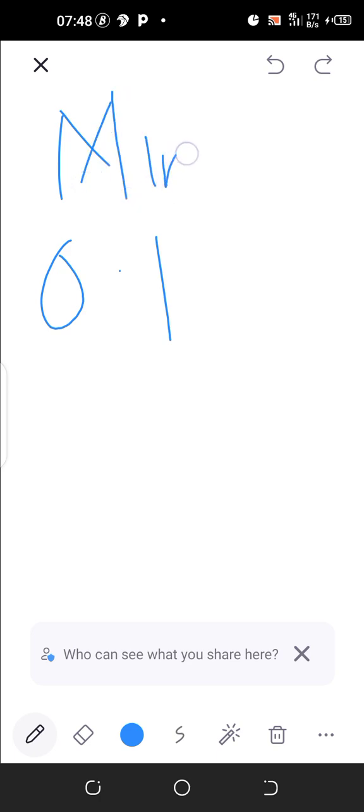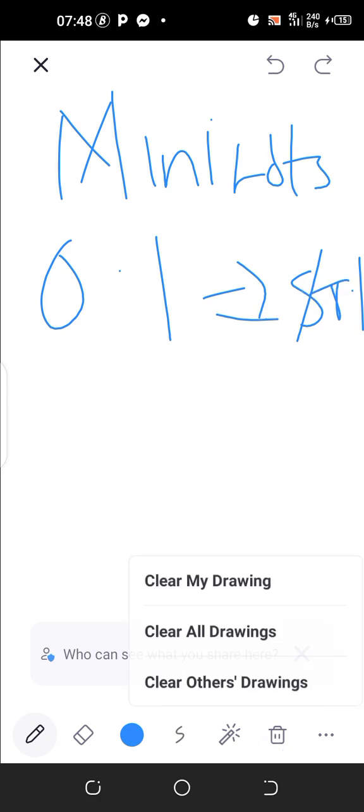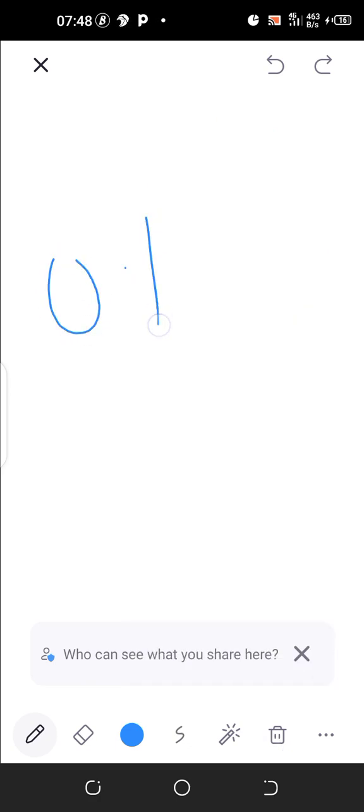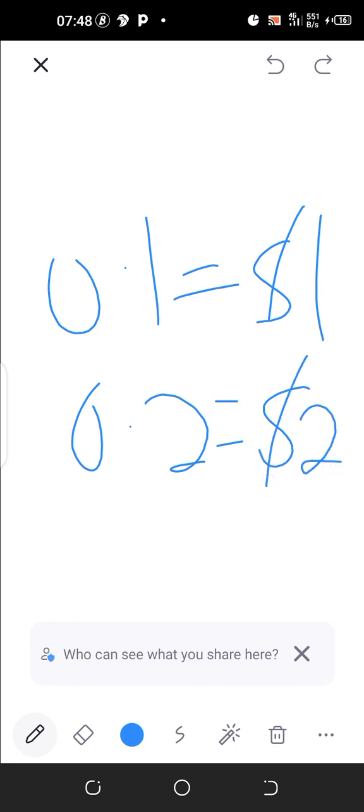Then for the 0.1, we're talking about the mini lots. Each move on the chart for a mini lot is equivalent to $1. A 0.2 is equivalent to $2. Just like that.